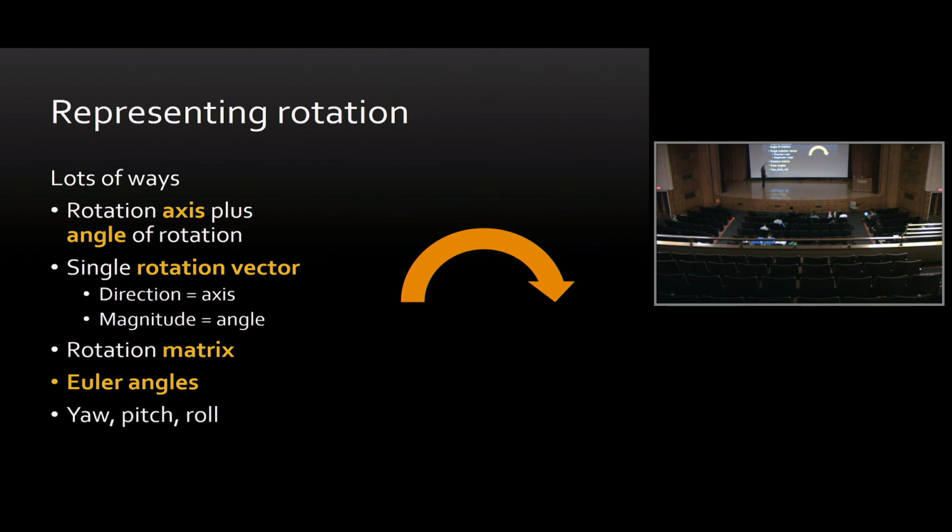There's a rotation vector where the axis you're rotating around is the direction of the vector, and the angle you're rotating through is the magnitude of the vector. There are rotation matrices. There are Euler angles, which you may have run into in the documentation of Unity, but probably don't know about.